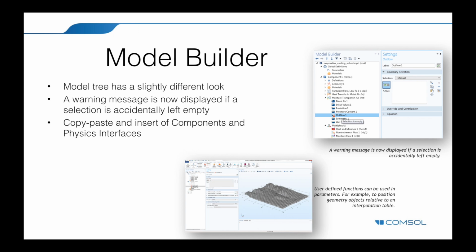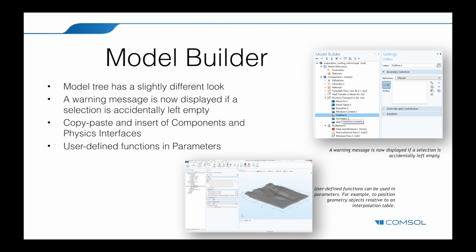I just wanted to point out that this functionality is available within a COMSOL session and also between two different COMSOL sessions. You can now have user-defined functions in parameters. For example, you may have defined an interpolation function, and now you can parameterize your geometry based on such an interpolation function, like the position of a cylinder.